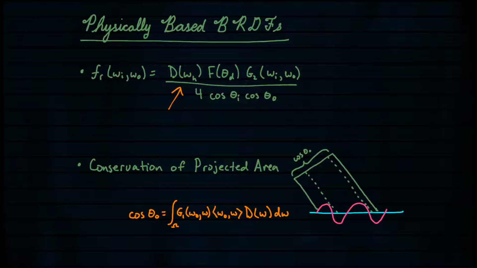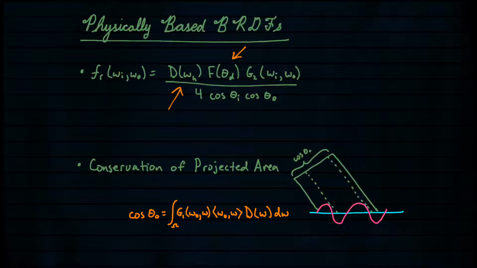So this basically says how many facets are pointing in this direction, how many microfacets are pointing in a different direction. So this represents that function. And then we have the Fresnel reflectance, and this is based off the angle between the half angle and the outgoing direction, the incoming direction of light.